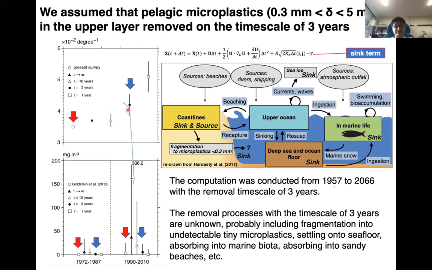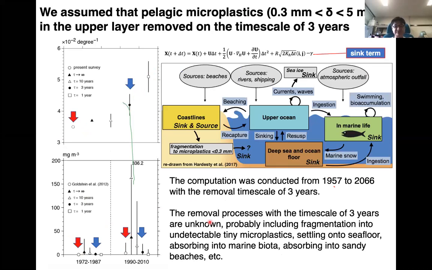From the viewpoint of the north-south slope, the short time scale is not appropriate. From the viewpoint of the long-term variation of the microplastic abundance, the long time scale is not appropriate.